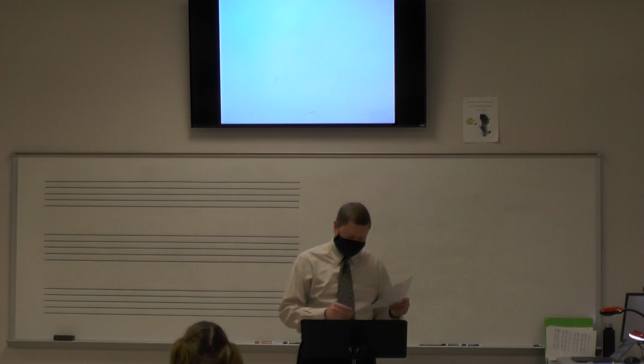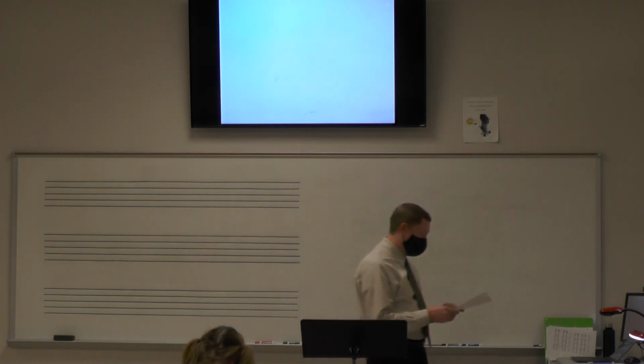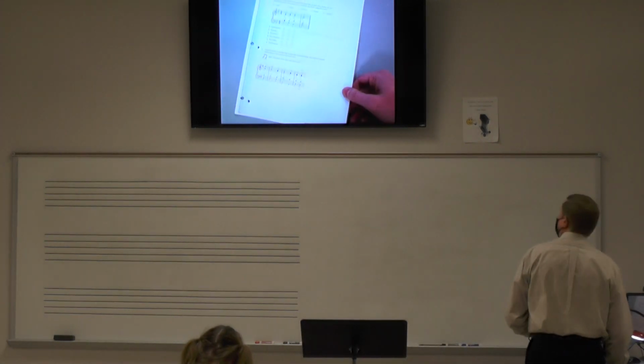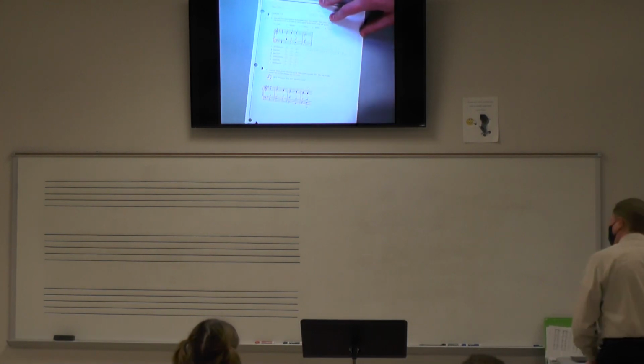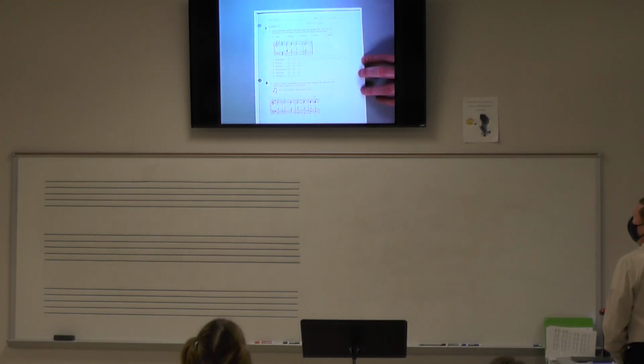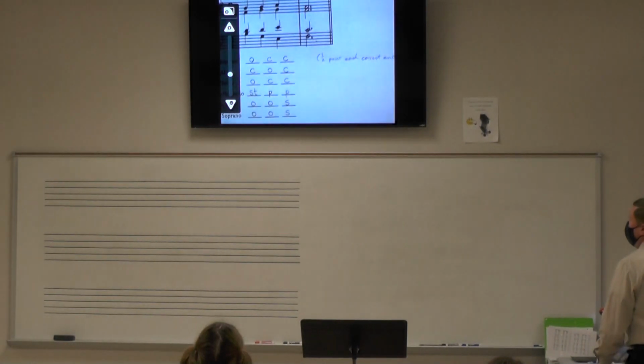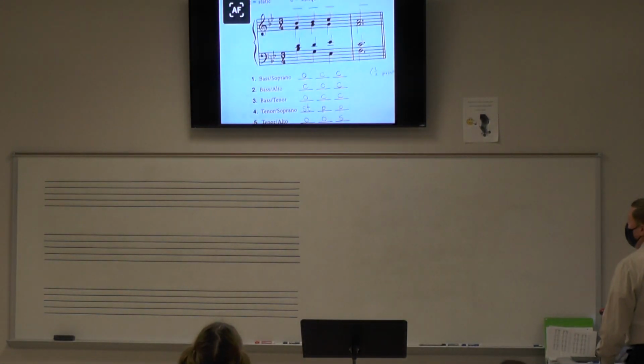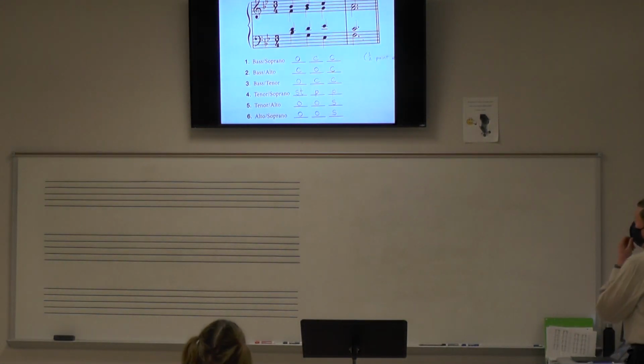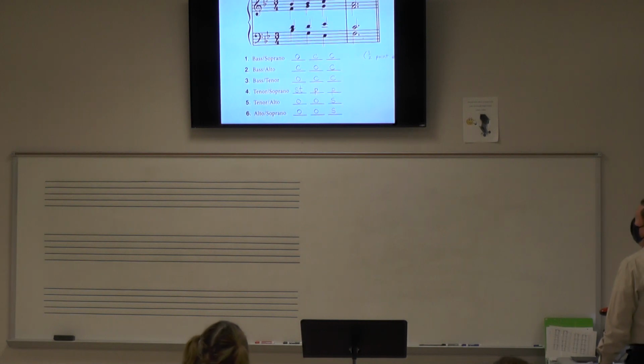So if you'll turn to page 39 in your workbook, I want you to check to see if your types of motion match my types of motion. Remember last class we talked about how there are 5 types of motion, one of which is called static. It's not really any motion at all.